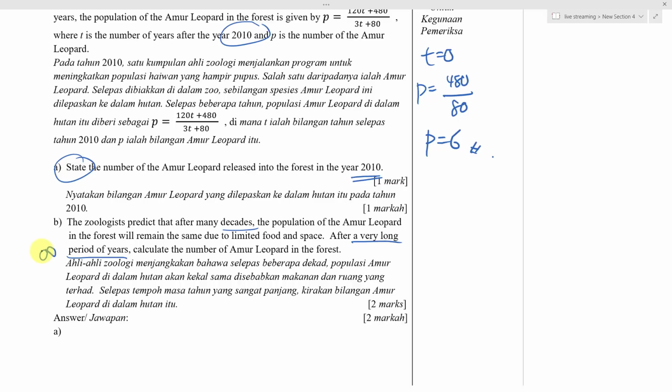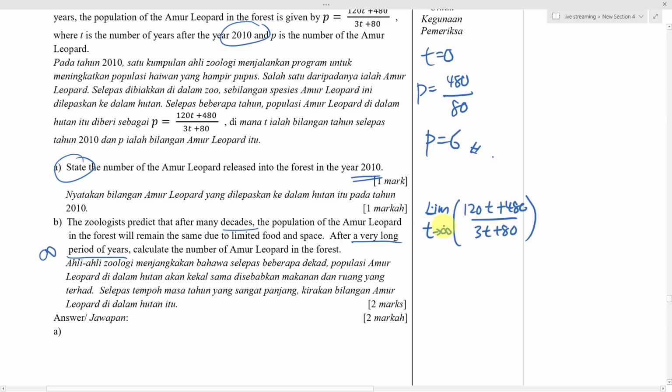So in this question, you kind of need to use the infinity concept. I have this equation. After many years, I do not know how many years because this question doesn't tell me, so I would say I limit my time to close to infinity years. That means many years here. Then I want to know how many leopards are still in the forest, because you have the same food and same space over there.